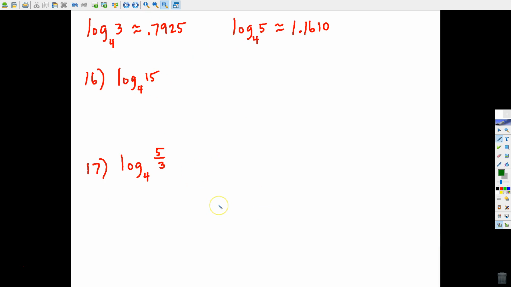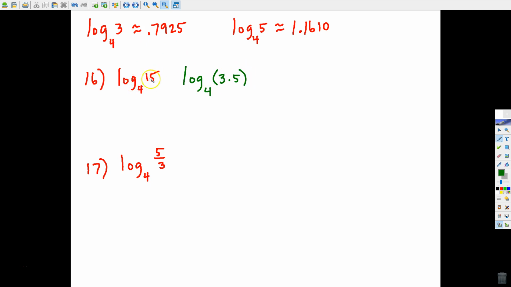All right, moving right along. I need for you to know for this exam the properties of logs, like the power property, the product property, and the quotient property. Well, number 16 is a perfect example of using the product property, because using the fact that log base 4 of 3 is given and log base 4 of 5 is given, I can rewrite log base 4 of 15 using the product of 3 times 5.